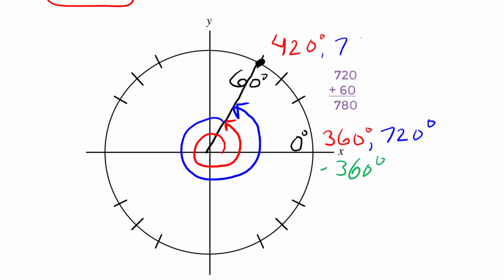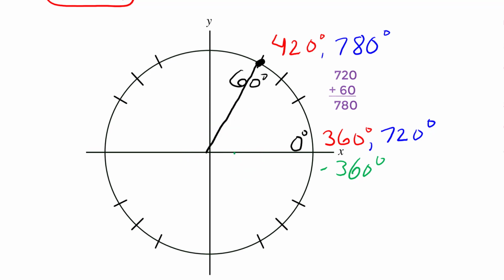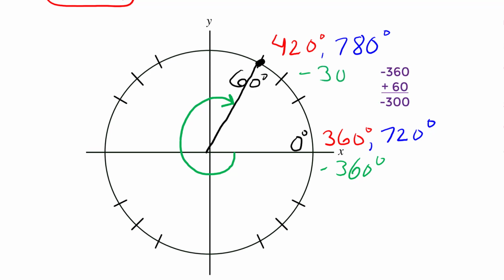Now we're looking at 720 degrees plus 60, which is 780 degrees total. We can also find an angle that's coterminal to 60 by going in the negative direction. So that's like a negative 360 degrees added to 60. That's negative 300 degrees.